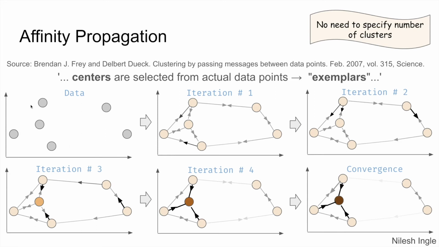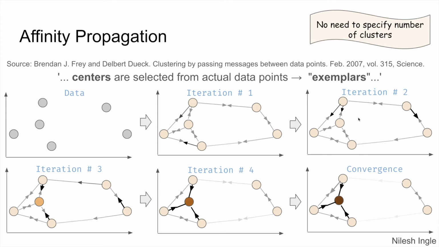Let's say we have these gray dots as data points. Initially, the availability is set to 0, and with each iteration, the matrices for availability and responsibility are updated, as shown here by the arrows. The arrows get darker in some cases, and the color of the dots also changes.